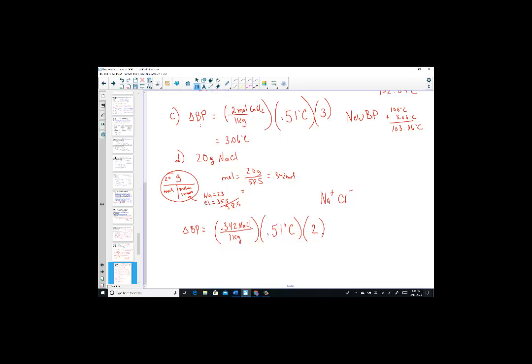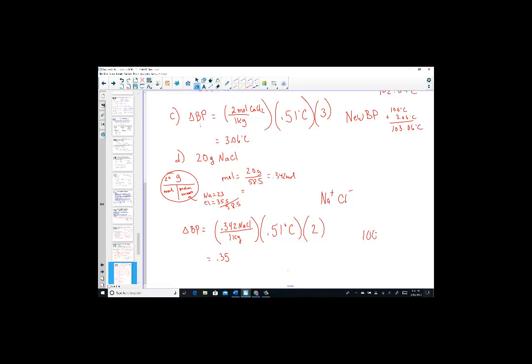When it dissociates, we get two aqueous ions. One of the two is sodium. The second of the two is the chloride. I have my moles on my calculator already, so times 0.51 times 2. And this series gives me 0.3487, so I'll say 0.35 is the change in the boiling point.